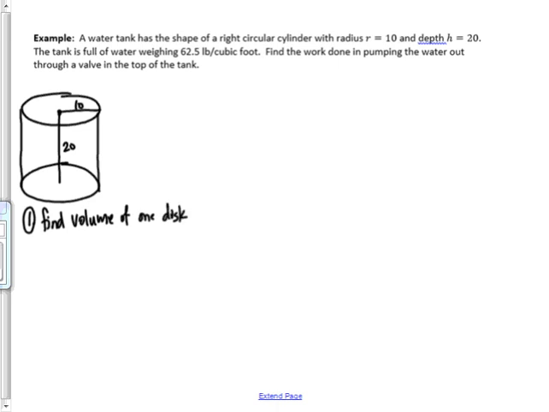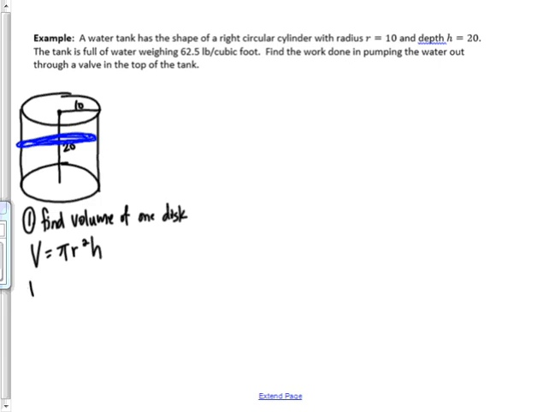I'm thinking about just one slice, and I want to find that volume. The volume of a right circular cylinder is pi r squared h. All those volume formulas can be found on the inside cover of your book.